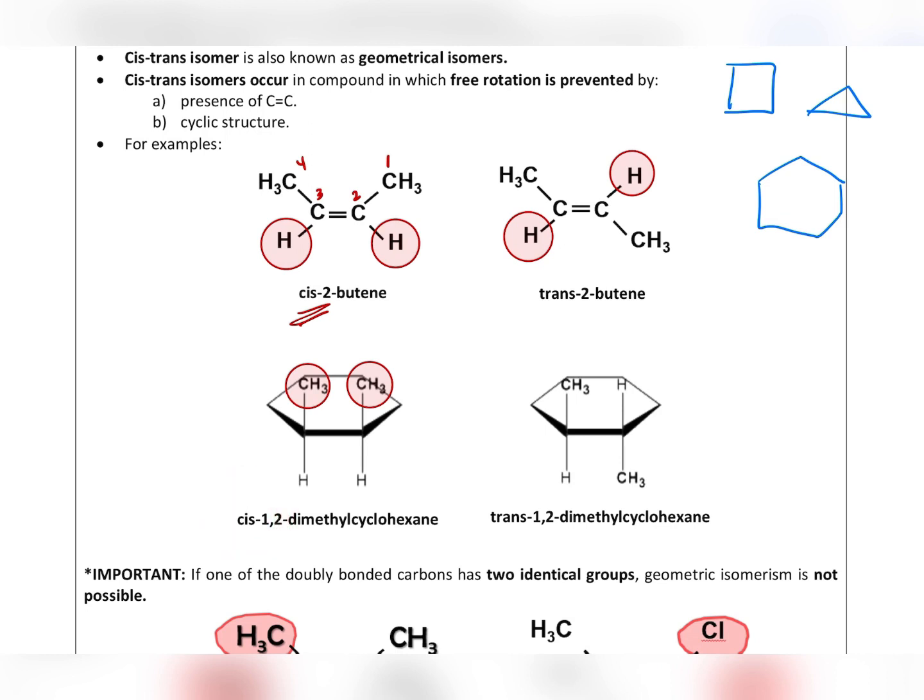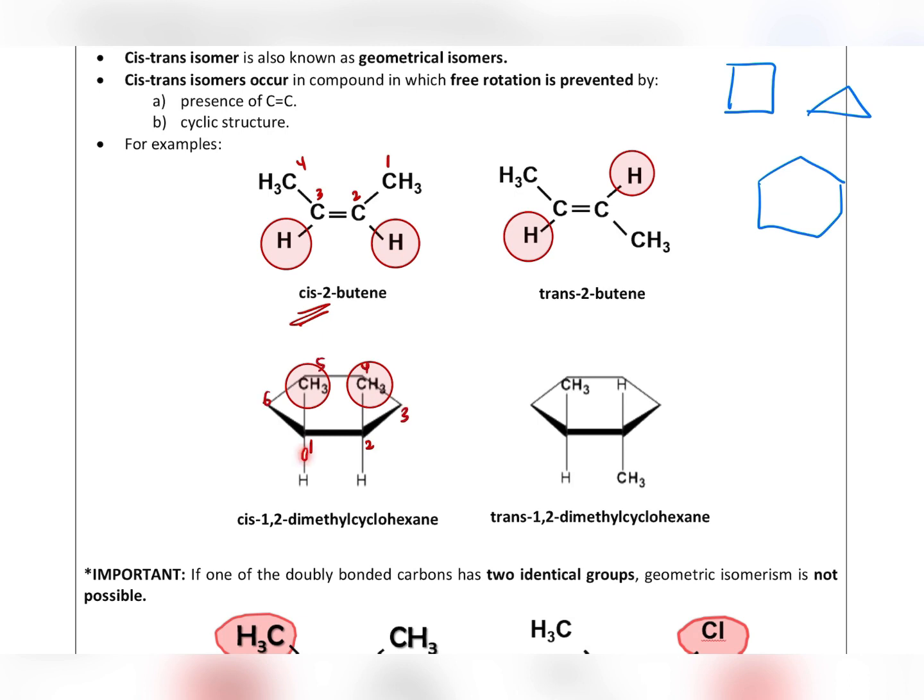Okay, and then kenapa nama dia 1,2-dimethyl cyclohexane? Okay, ini naming advance sikit lah. So this one carbon dia ada 1, 2, 3, 4, 5, 6. So 6 kita panggil hexane, tapi disebabkan dia cyclic, so nama dia jadi cyclohexane. Okay, and then kita dalam structure, we can start numbering daripada substituent number 1, number 2, 3, 4, 5, 6.